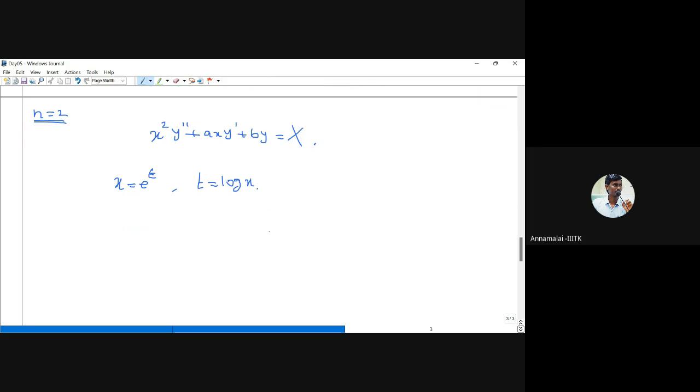Now we can call this equation 1. If you take this substitution, this equation becomes, so what is this capital D here? D by dx, the derivative with respect to x. Now what is dy by dx? You have to differentiate y with respect to x.